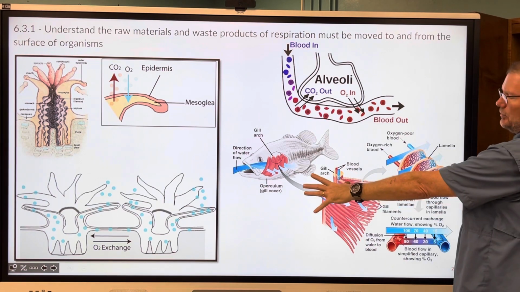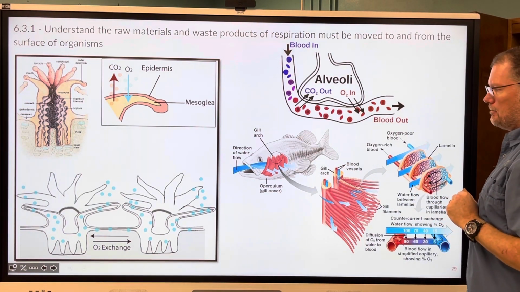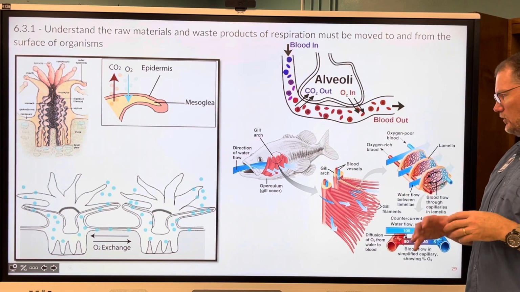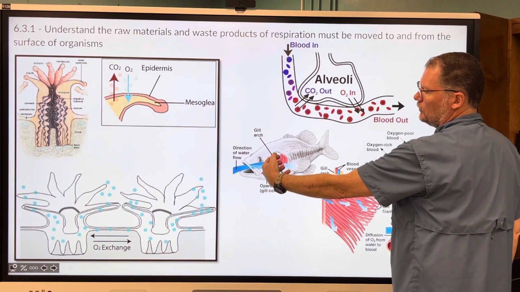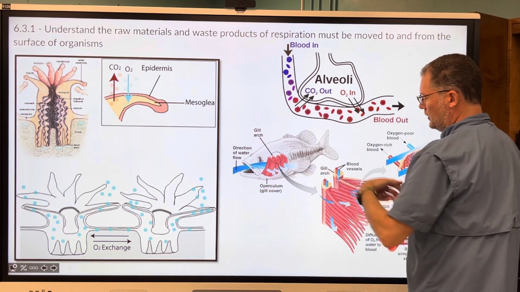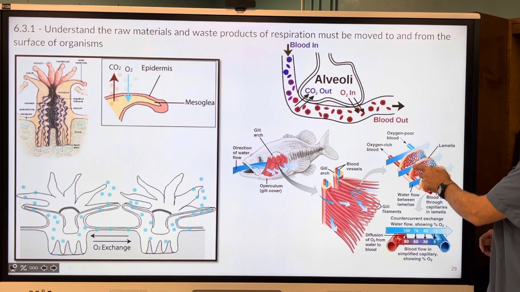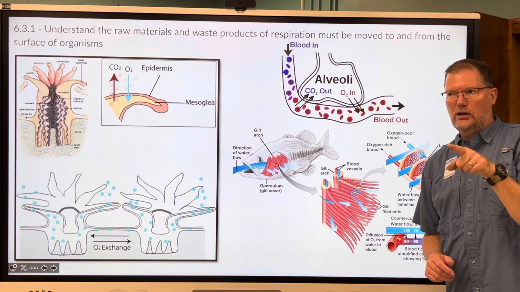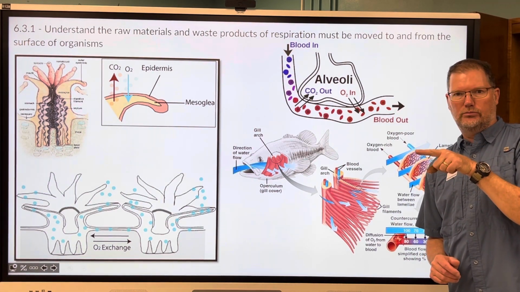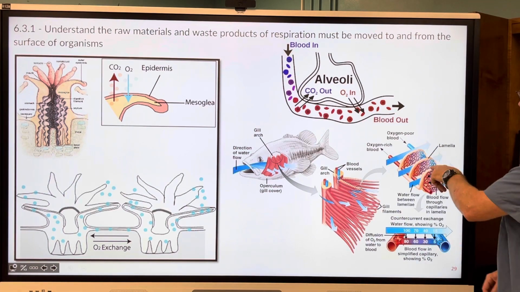Well, the same thing happens in fish. And we're going to go deeper into this, but the water passes through the mouth, flows over the gills, and if you zoom in, you've got the lamella, which you already drew in that one workbook exercise.